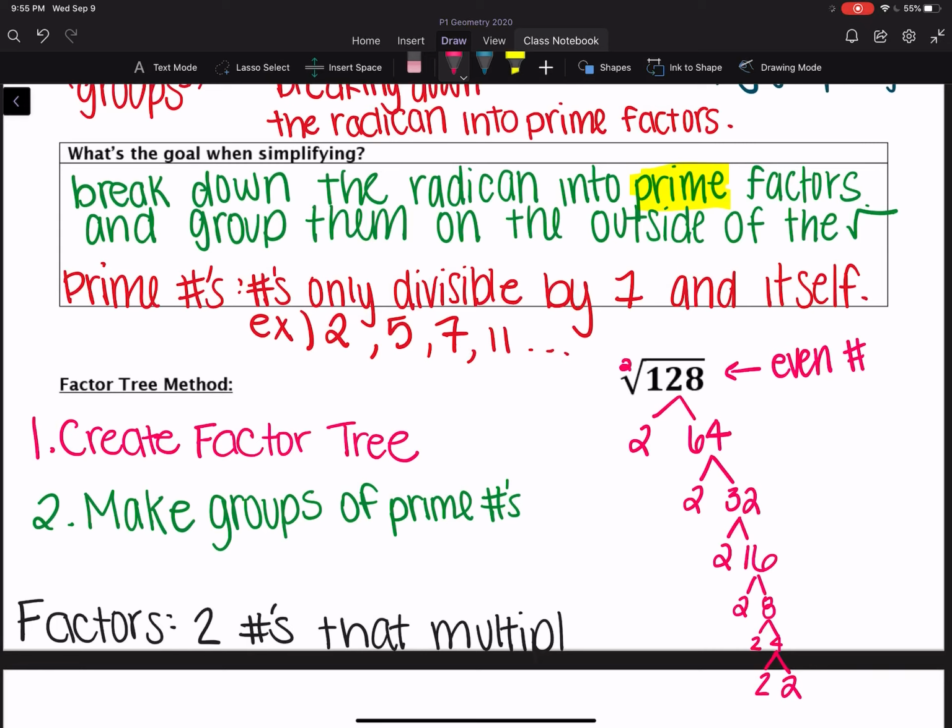Okay, so if you notice, all of my numbers on the outside here end up being prime numbers, so I know that I can stop. Okay, I've broken my factor tree down as much as I can.